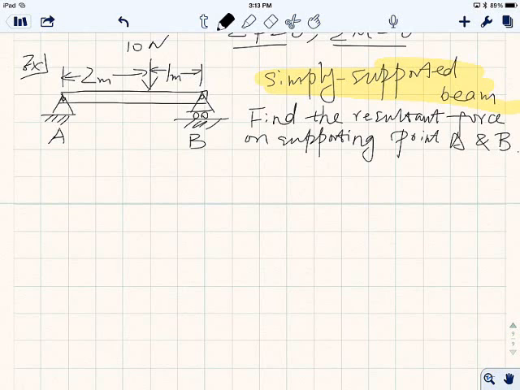So when we see this kind of problem, the first thing we do is, of course, a free body diagram, right? So start with FBD. Free body diagram, all it does is take the supporting force away, and you still have 10 newtons over here.